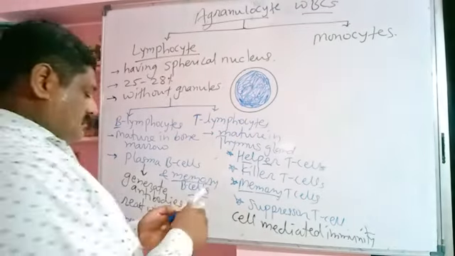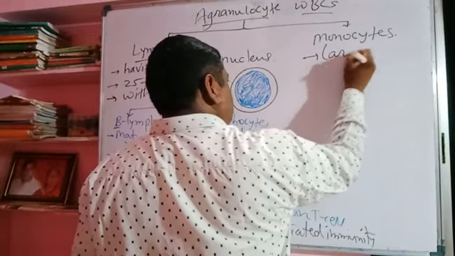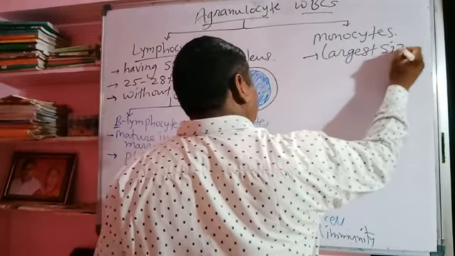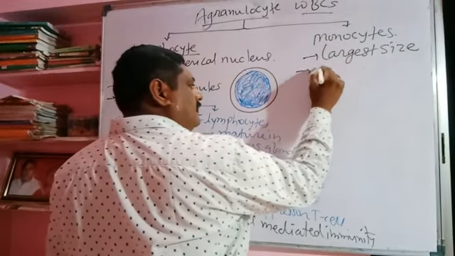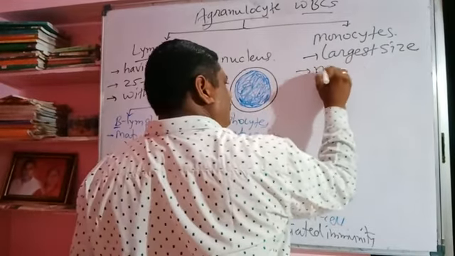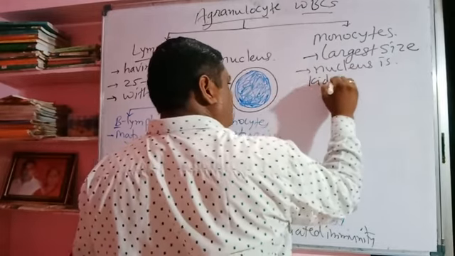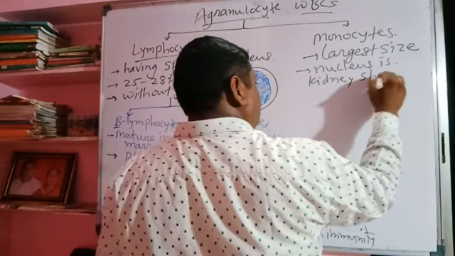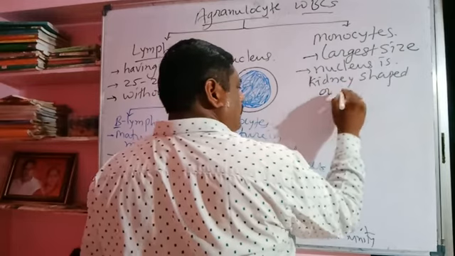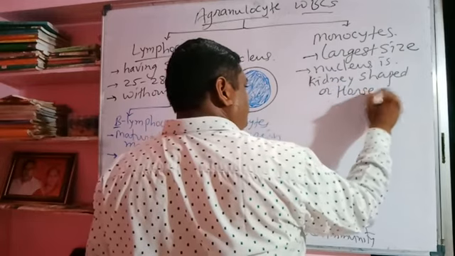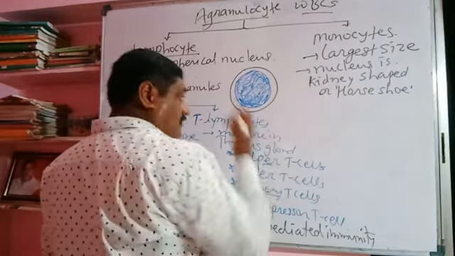Monocyte, the second type of agranulocyte. These are the largest in size of all types of WBC, having a kidney shaped nucleus. The nucleus is kidney shaped, bean shaped, or horseshoe shaped.